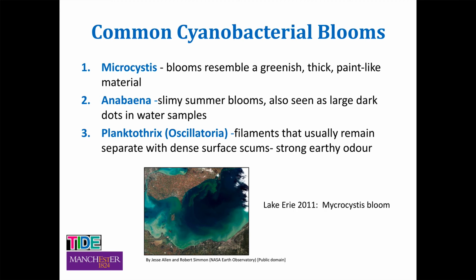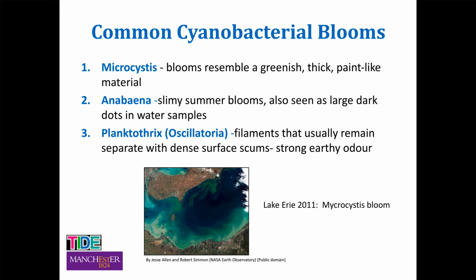A third type of cyanobacterial bloom is caused by Planktothrix or Oscillatoria, and these are filamentous bacteria that cause a horrible, strong, earthy smell in the lake, with dense surface scums on the top.